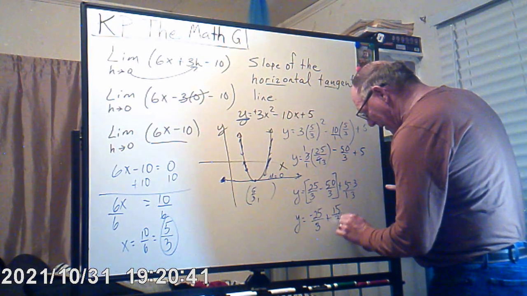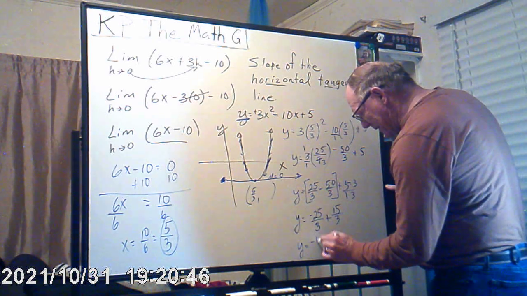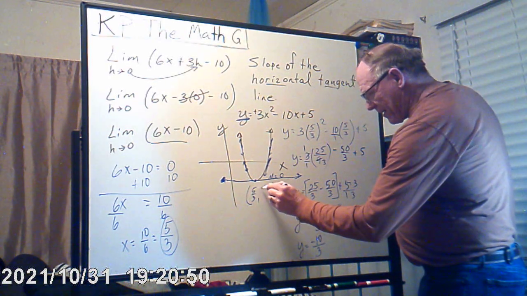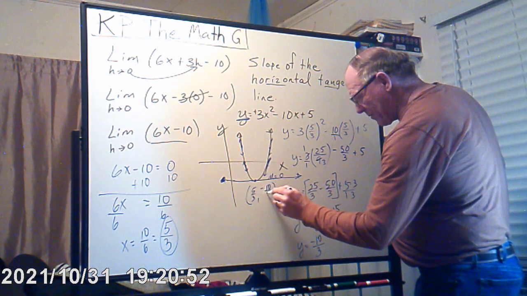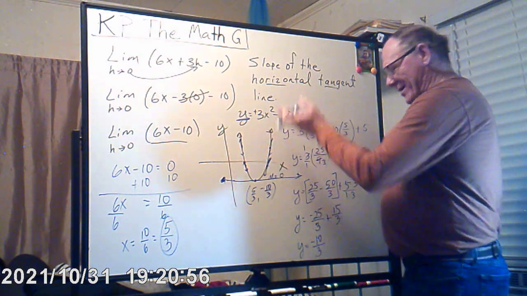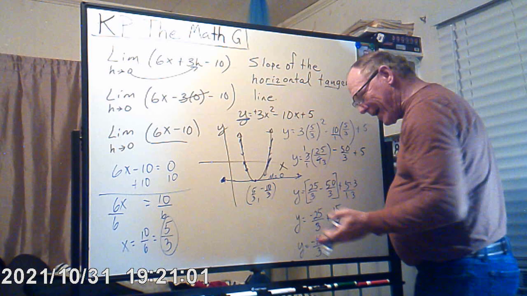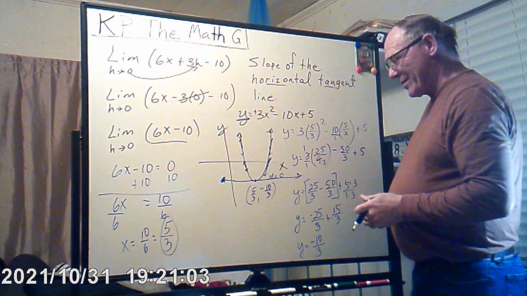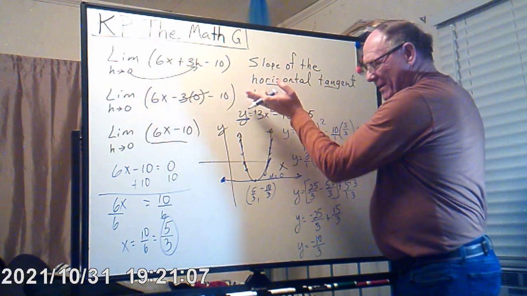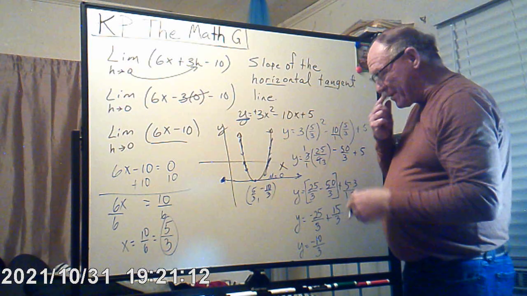Now y is equal to negative 10 over 3. I didn't know where to draw this, but evidently x is positive and y is negative. I got lucky. I could have put it in any of the other quadrants, but it happens to be here.